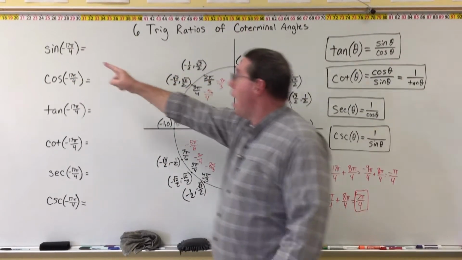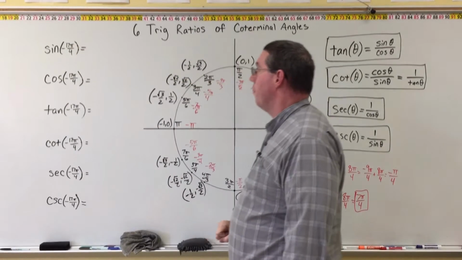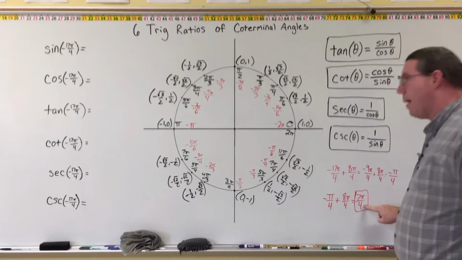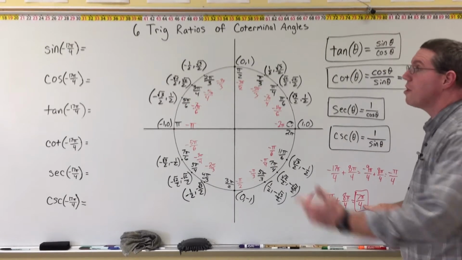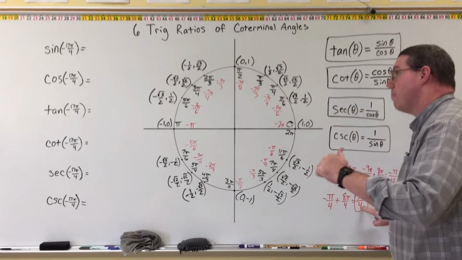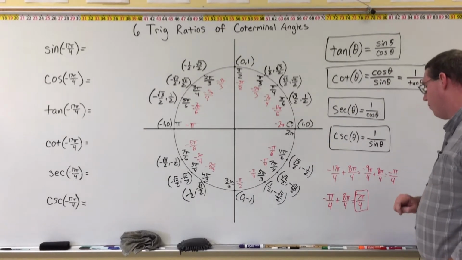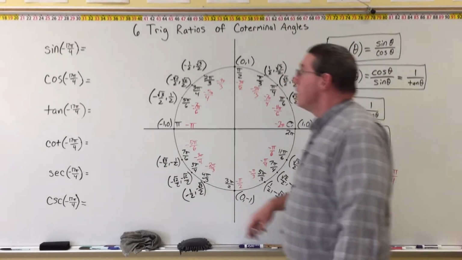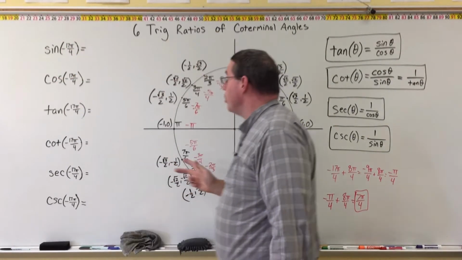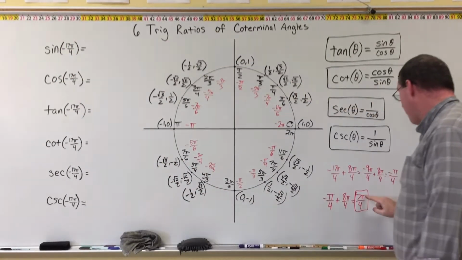Therefore, sine of negative 17 pi over 4 is the exact same thing as sine of 7 pi over 4. Cosine of negative 17 pi over 4 is the exact same thing as cosine of 7 pi over 4. So to get sine of negative 17 pi over 4, we're just going to go find sine of 7 pi over 4.